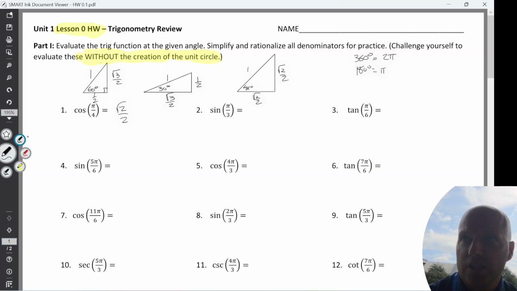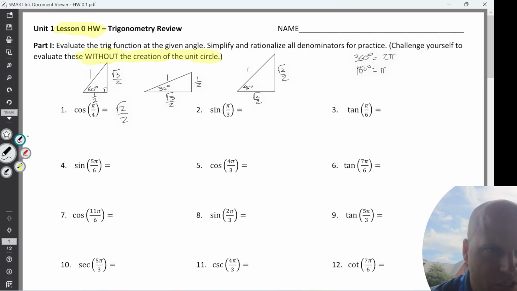And then the more important ones, 60 degrees is pi over 3. Take 180 and divide it by 3, you get 60. So this triangle is created with an arc of pi over 3. It creates 60 degrees, so I'm going to say this is my pi over 3 triangle.